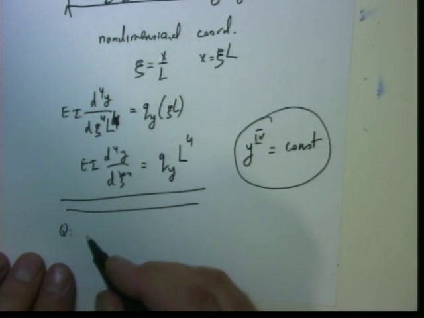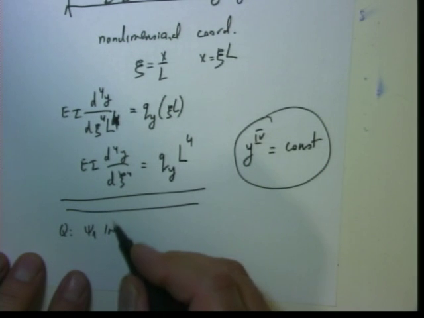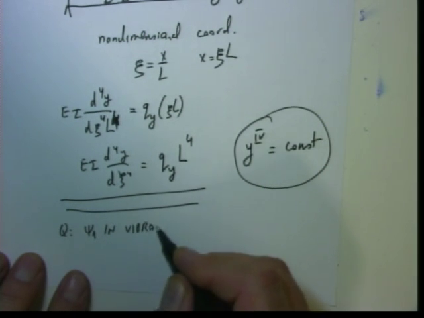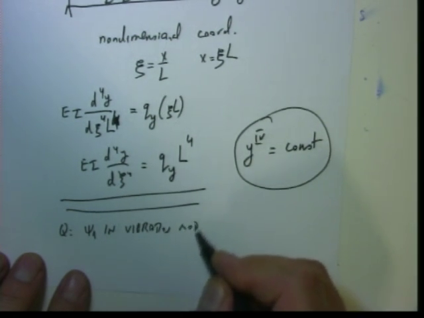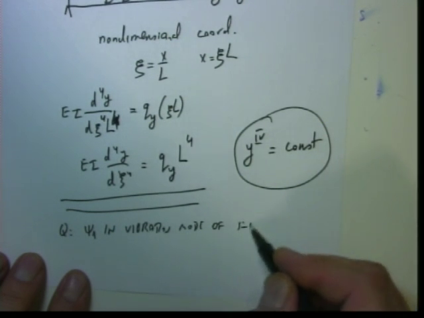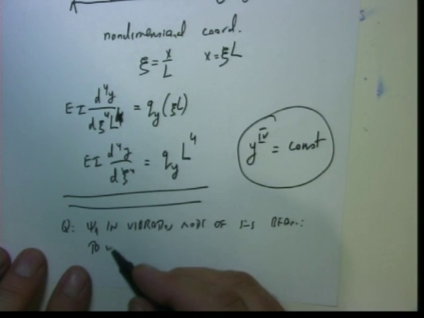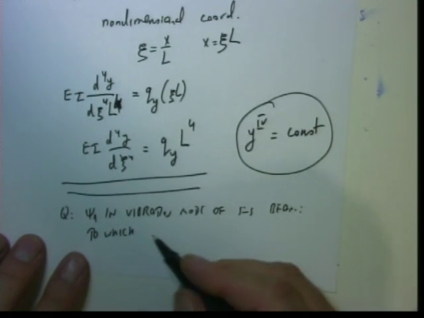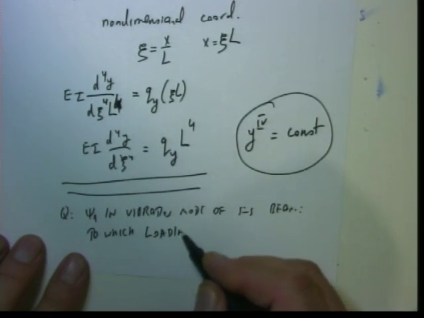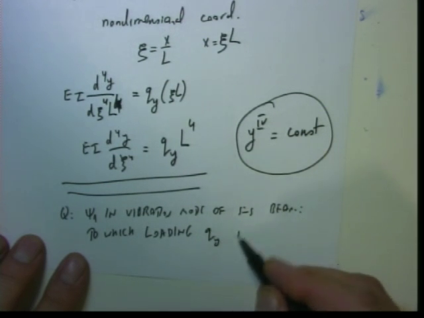Now, let us see what happens with the simply supported case. Question: psi 1 in the vibration mode of a simply supported beam, to which loading qy does it correspond?